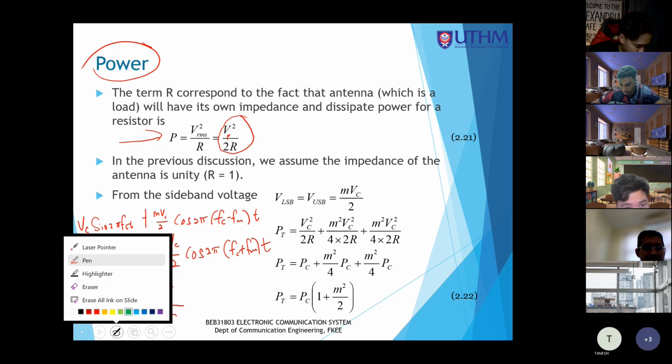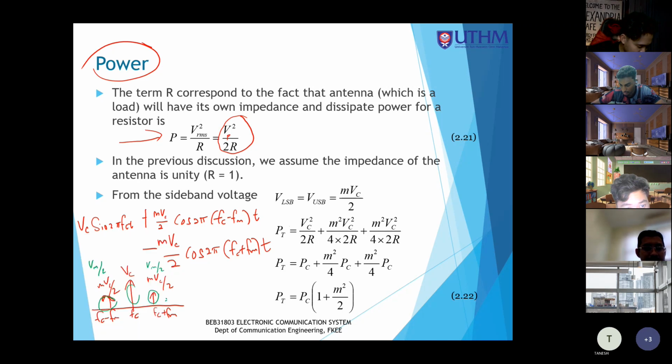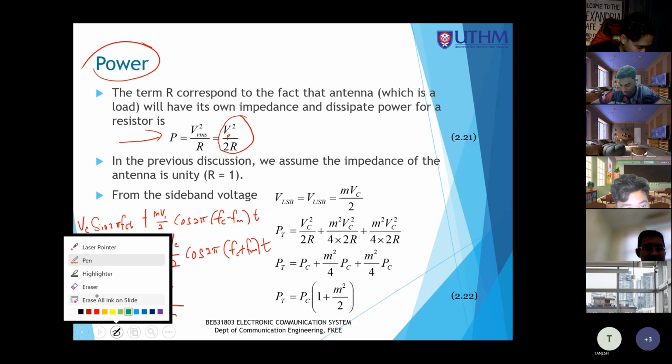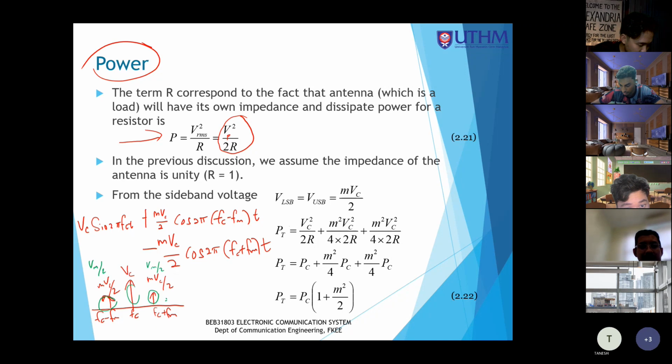So when you want to calculate the total power, we need to add up all the frequency components power. Maknanya my total power P total is equal to P LSB plus PC plus P USB. Saya kena tambahkan ketiga-tiganya.